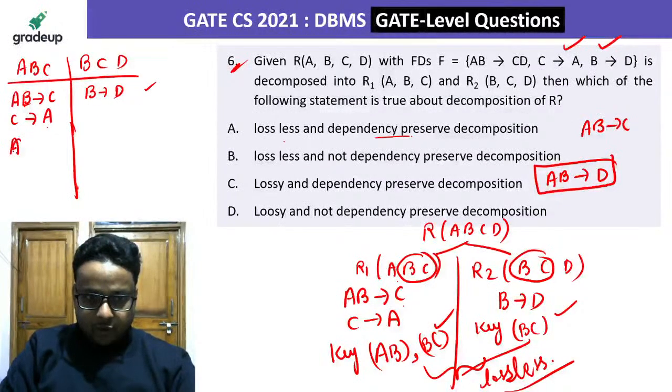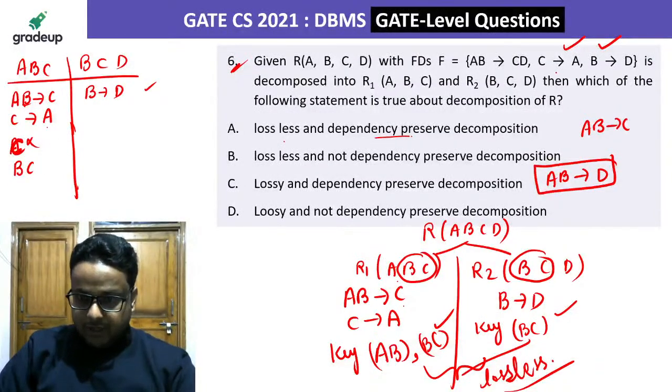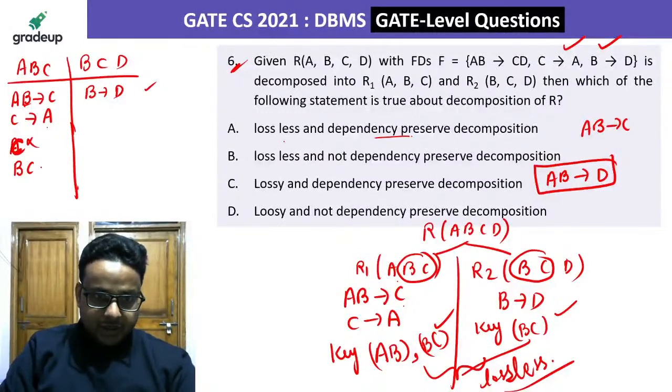And if we try to find C closure, so C will give you CA. We have taken AB and then BC. What can I write from BC? BCA. So BC determine A. And anything else we can write?